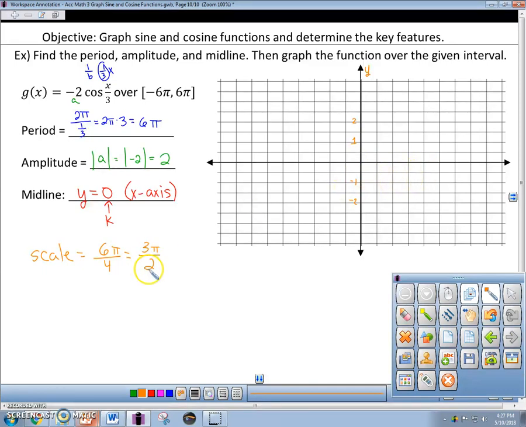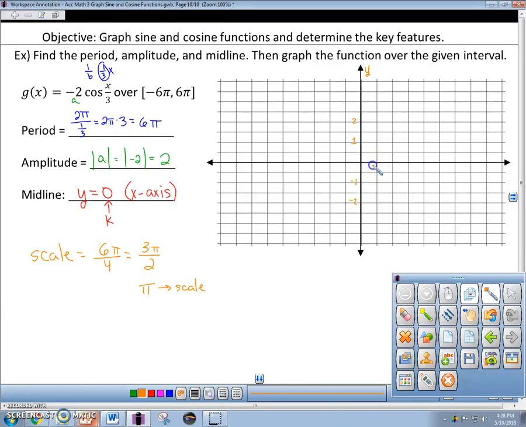If you want to, you can use a scale of pi and do 1, 2, 3, 4, 5, 6 pi, but then you have to keep track of your halves when you're doing things like that. So I'll show you what that would look like if you would rather use a scale of pi. We can give that a try. So let's try a scale of pi. It's a little easier to work with for the parent functions.